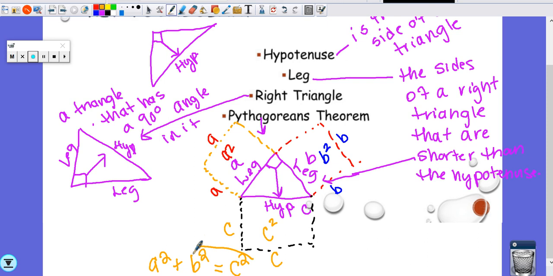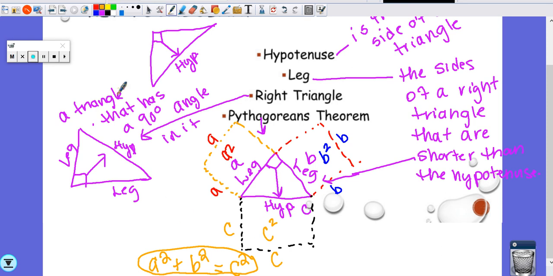That is Pythagorean's theorem and what it means, for those of you that said on the diagnostic that the sum of the areas of the two squares equals the area of the third square.